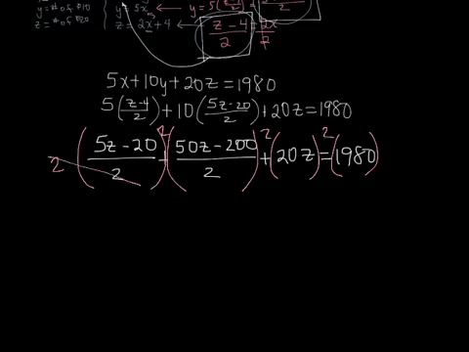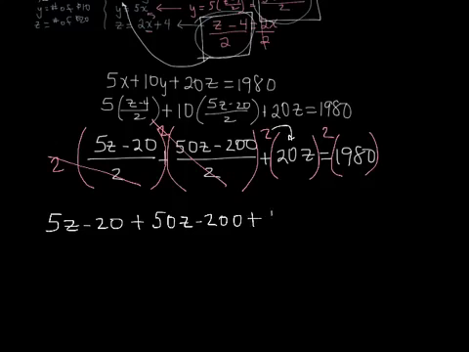So if I multiply that by 2, I get 5z minus 20. I multiply this by 2, I get plus 50z minus 200. I multiply this by 2, I get 40z.